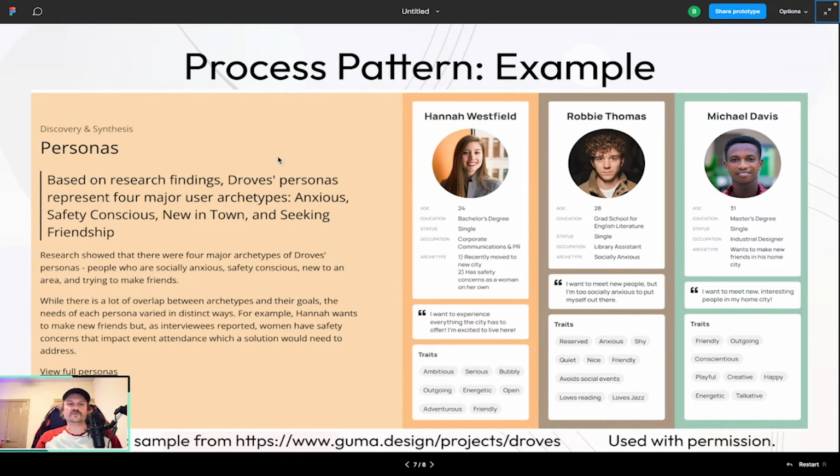I knew what this section was. I knew it was personas. And so it adds visual flair, of course. It proves he knows what he's talking about, and indeed he does, but it also is sort of a shorthand.